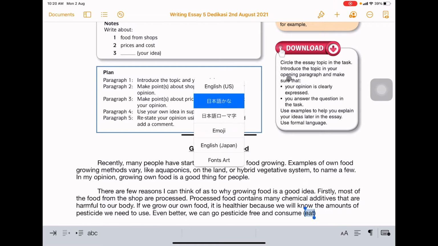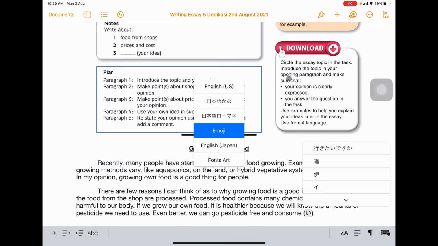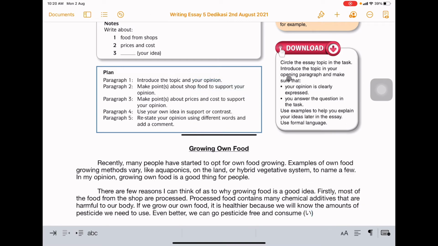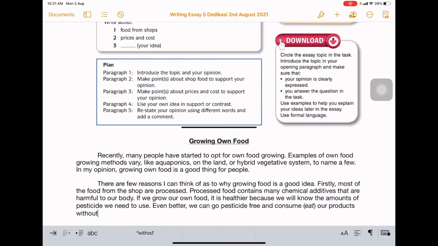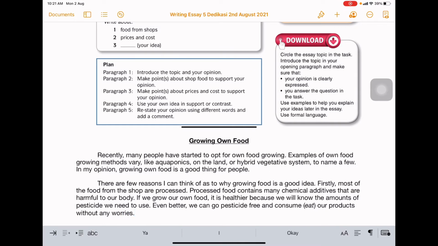So you can choose either you write eat or you write consume. If you want to make your essay look more beautiful, you can say consume. If you just want to keep it simple, you can just write eat. So you can say even better, we can go pesticide free and consume our products without any worries. Okay, enough for first point. Jangan panjang, cukup itu saja.